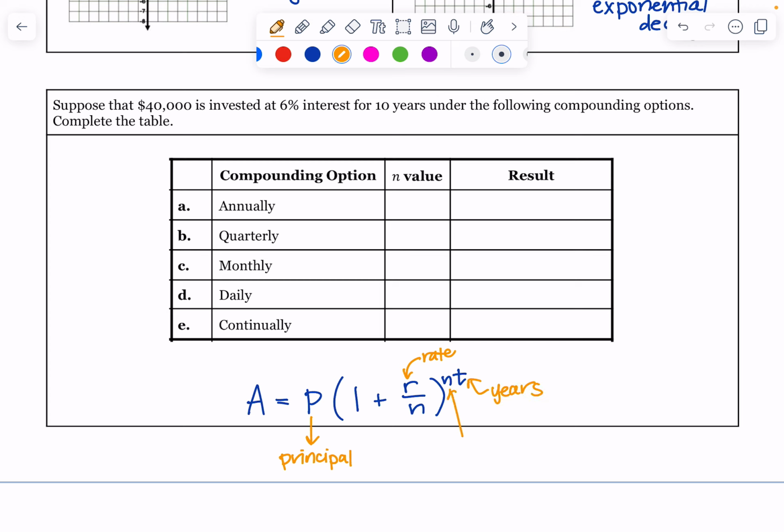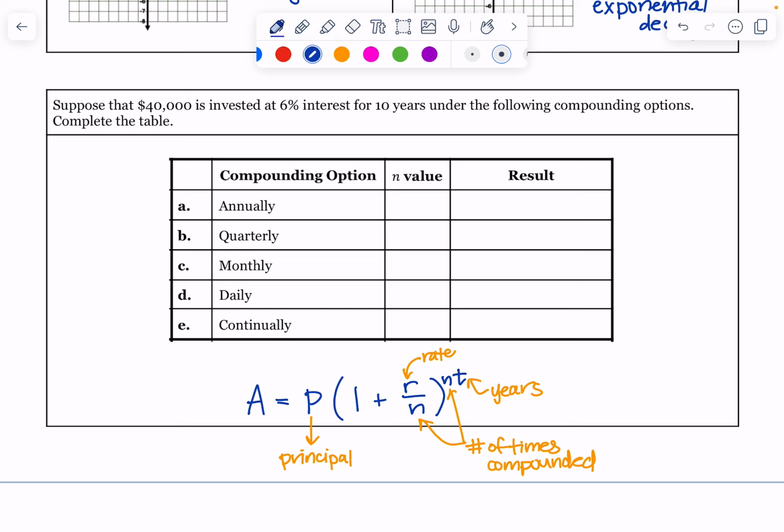And then notice here there's 2 n's. And n factors in how much it's compounded. So let me think of a good way to say that. Number of times compounded. If I think of a better way, I'll come and fix that. But for now, that's probably what I would say.